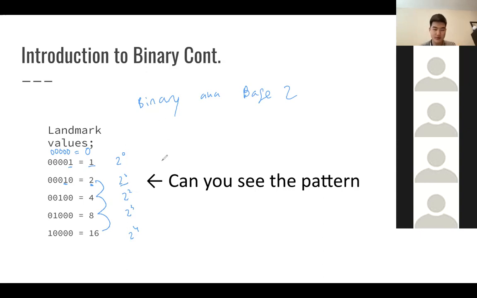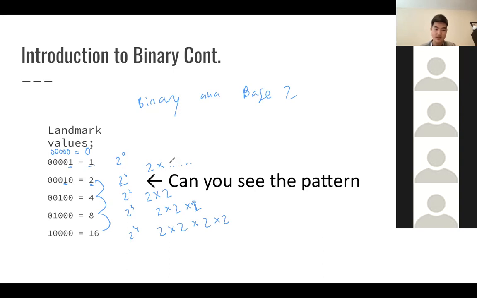Okay, I'm going to draw this better. So 2 to the first means you have one 2, and you're multiplying it by something. 2 to the second means you have 2 2s. 2 to the third means you have 3 2s. 2 to the fourth means you have 4 2s.